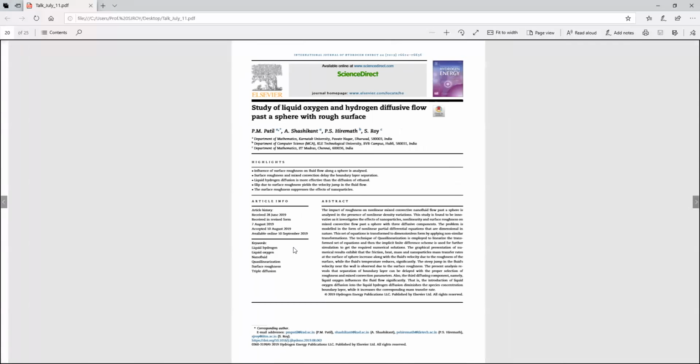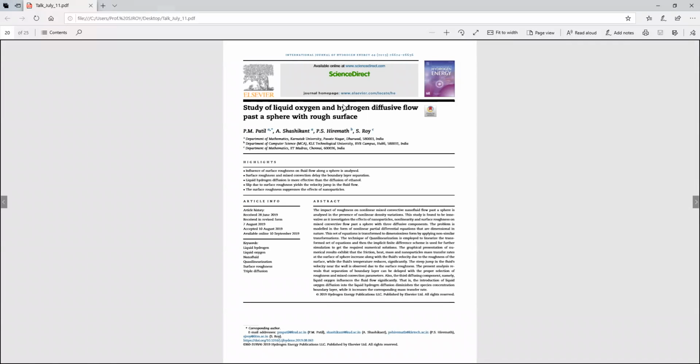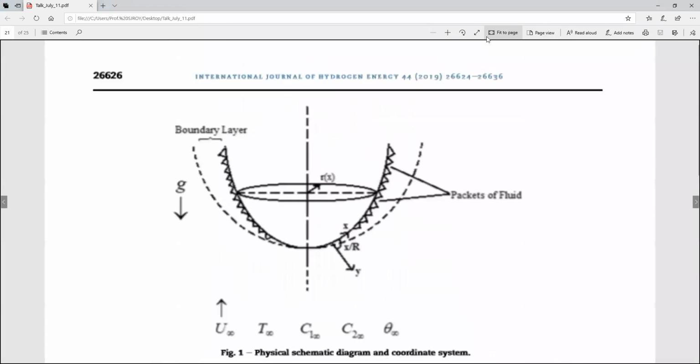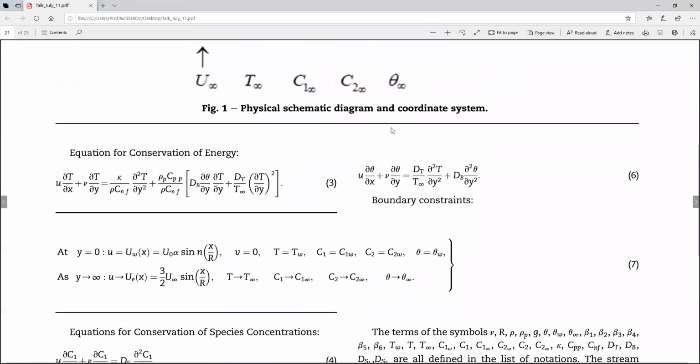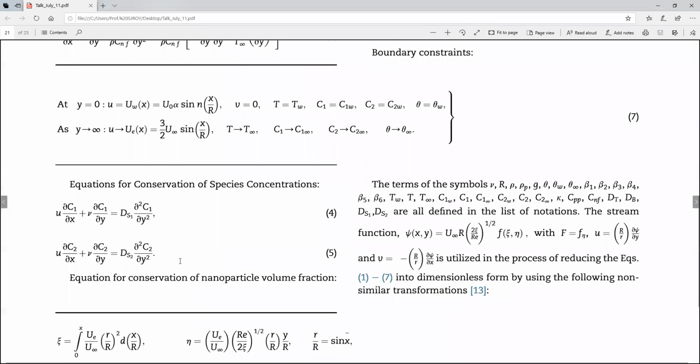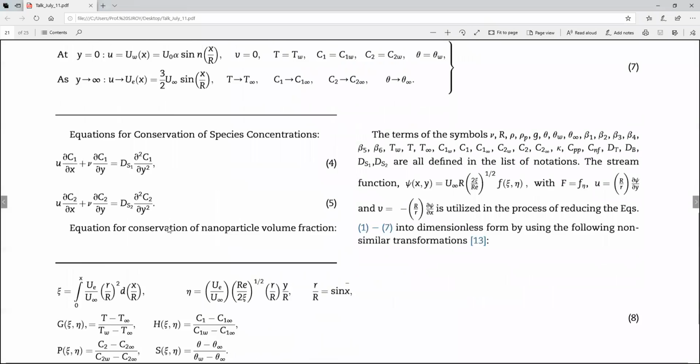So now you see, recently also we are using this, this is one paper from 2019. There are some problems, study of flow, rotating, again it is some sphere only, flow past a sphere. I don't know whether you can see the equation. See, the equations are like this. So many complicated equations, temperature equation, velocity equation, concentration equation.